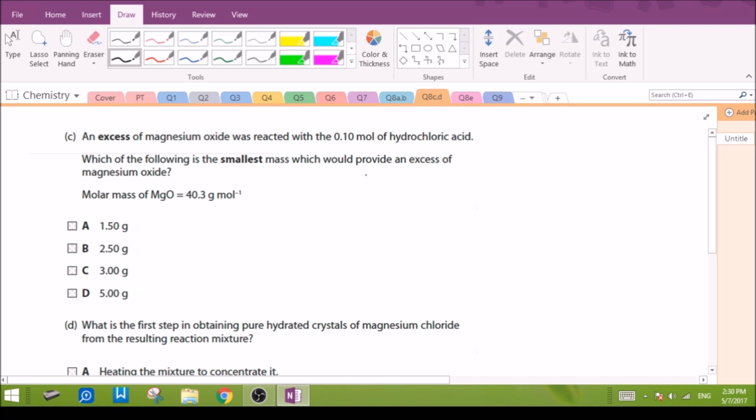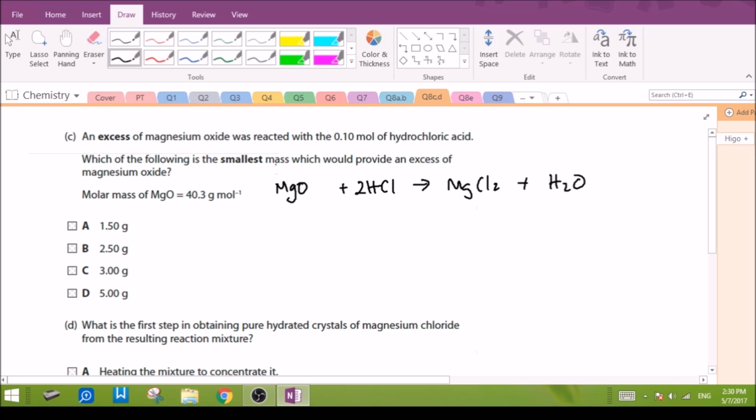Part C, an excess of magnesium oxide was reacted. Which of the following is the smallest mass which will produce an excess? So let's quickly write out the equation again. Magnesium oxide and hydrochloric acid.